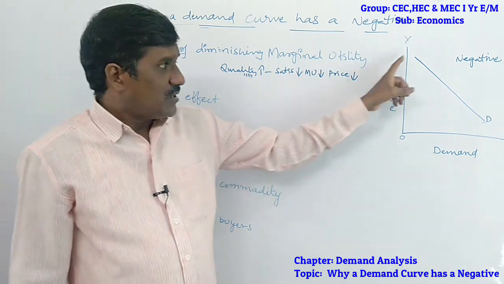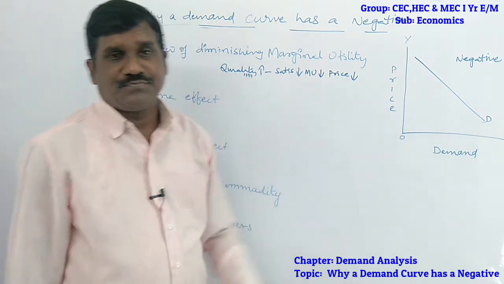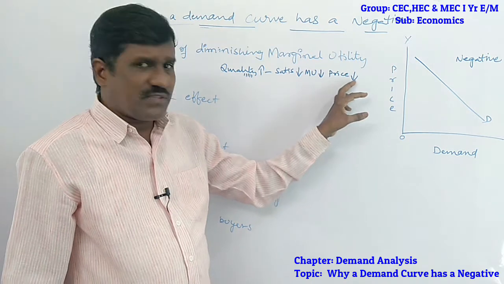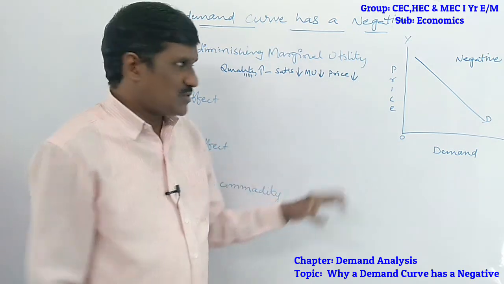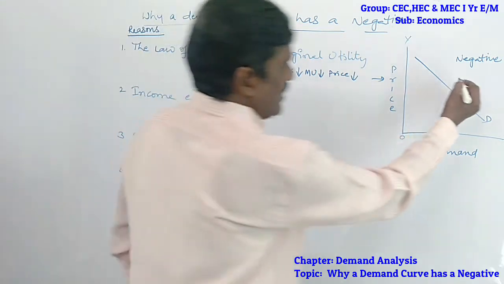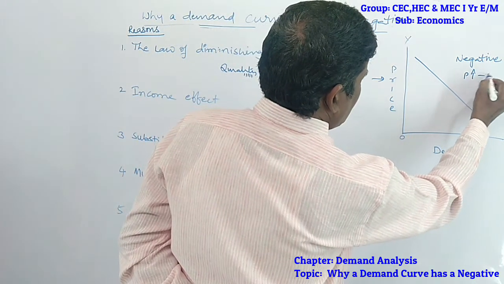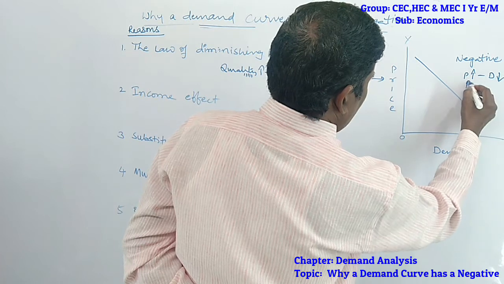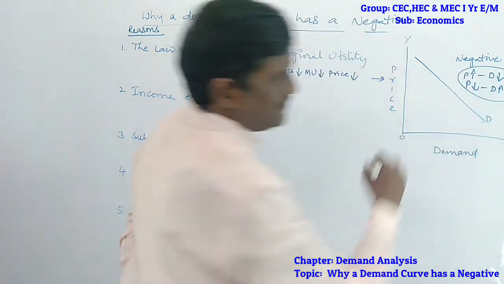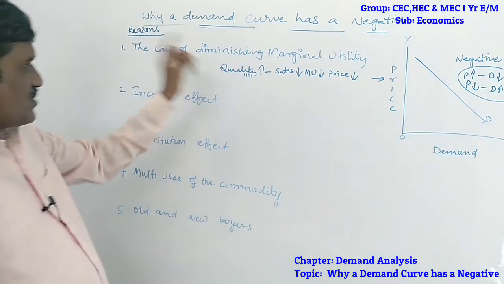So due to this, the demand curve slope is negative. As the quantity increases, automatically the price of the commodity diminishes. Price increases, demand decreases. Price decreases, demand increases. It is an inverse relation. So that is the first one.